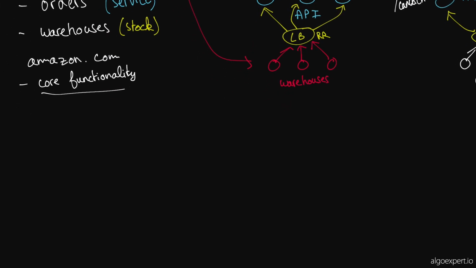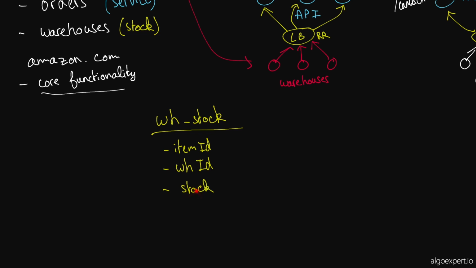WH stock. Every row will correspond to effectively a pairing of item and warehouse. And we'll have an item ID, a warehouse WH ID, and then the stock of the item in the warehouse.